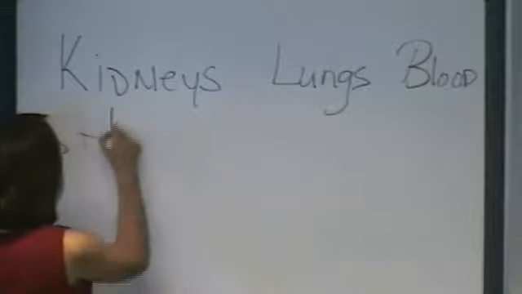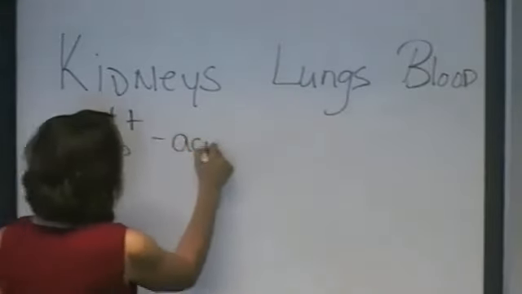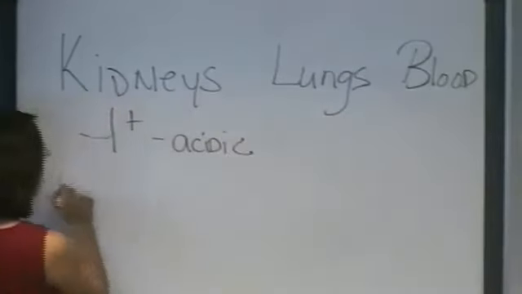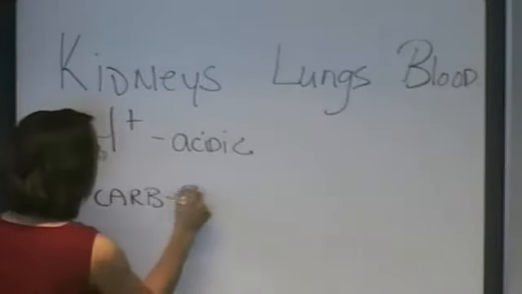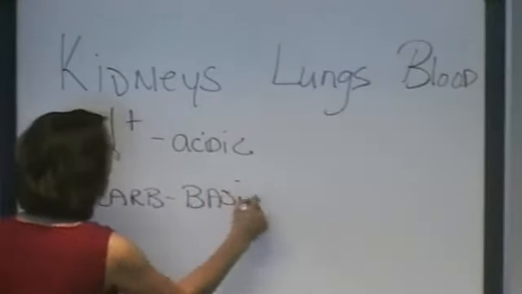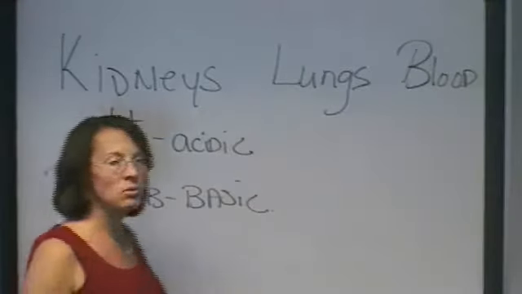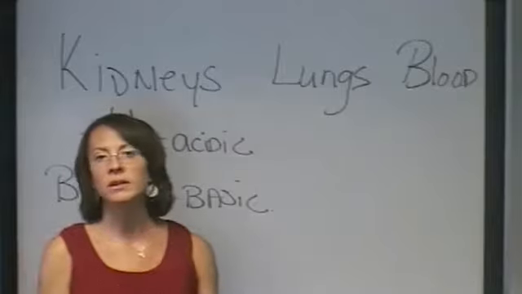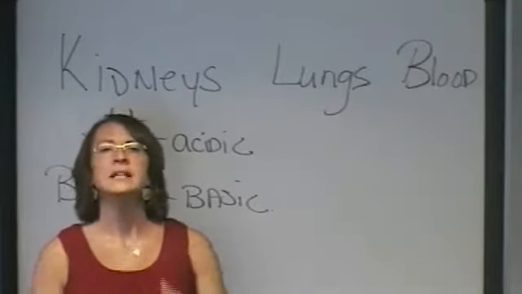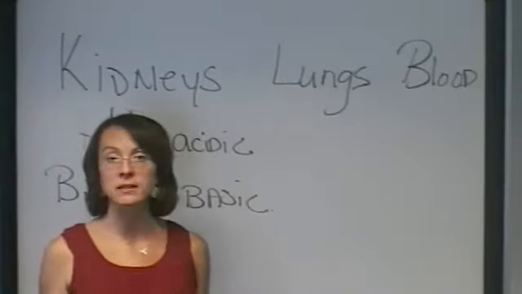Those hydrogen ions are going to be acidic, and bicarbonate is going to be basic, okay? So our kidneys can either release or retain hydrogen ions or release or retain bicarbonate, depending on what's going on in our system.